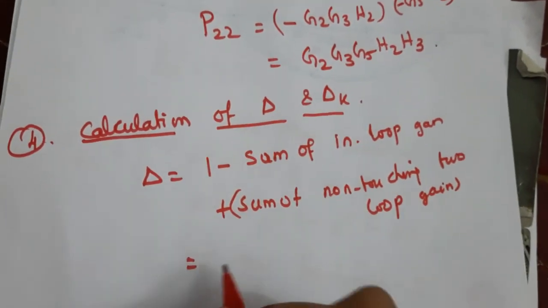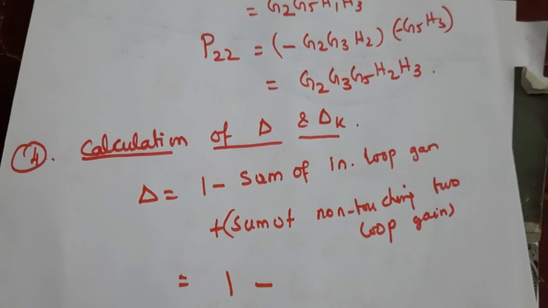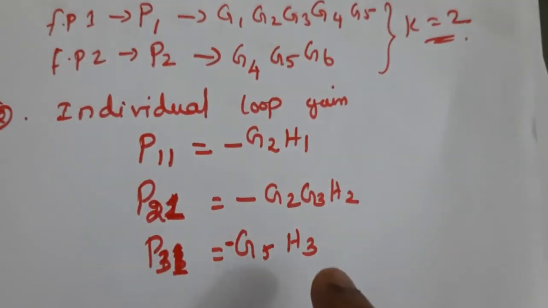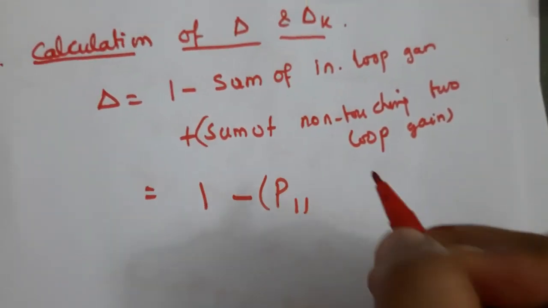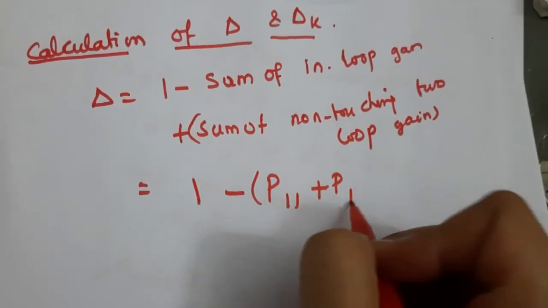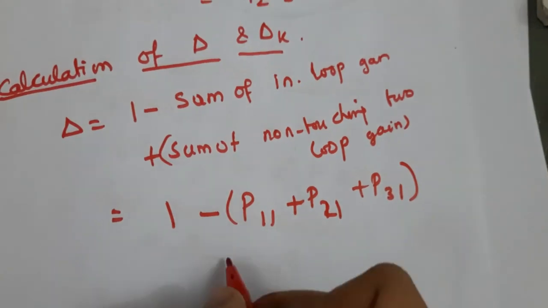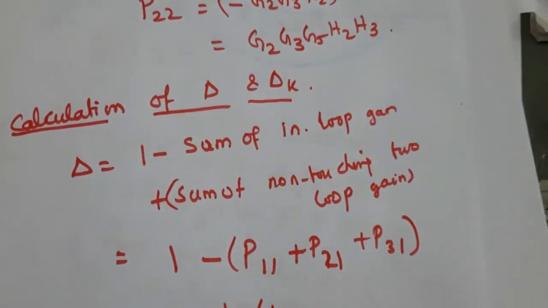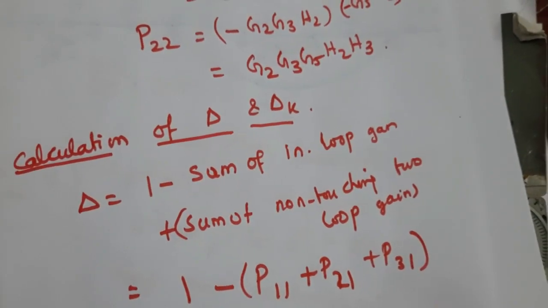Now we know the sum of individual loop gains, that are 3 loops: P11 plus P21 plus P31, and the sum of 2 non-touching is P12 plus P22.